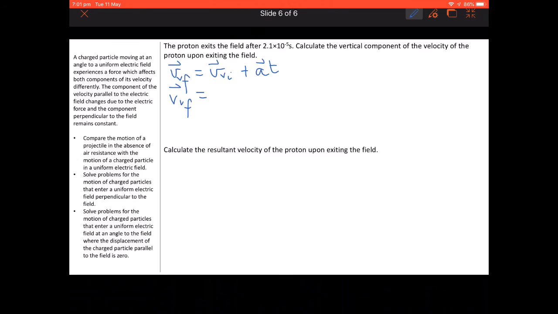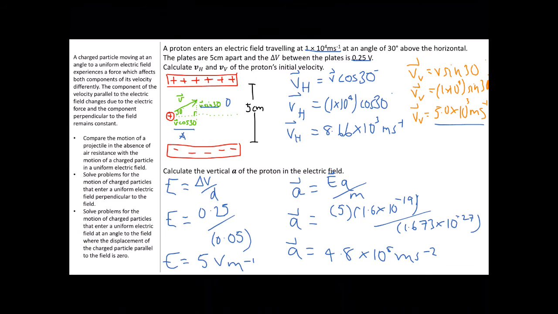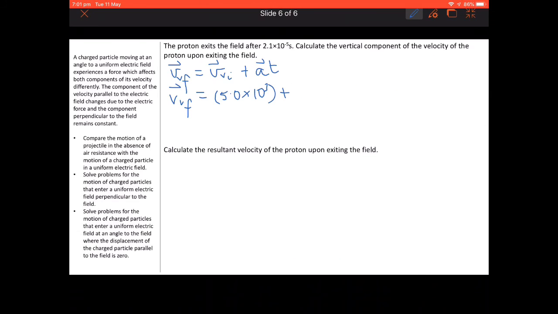So back to here, 5.0 by 10 to the 3. Now we'll check our acceleration. That was 4.8 by 10 to the 8 meters per second squared, and the time is given to us, 2.1 by 10 to the negative 5 seconds.